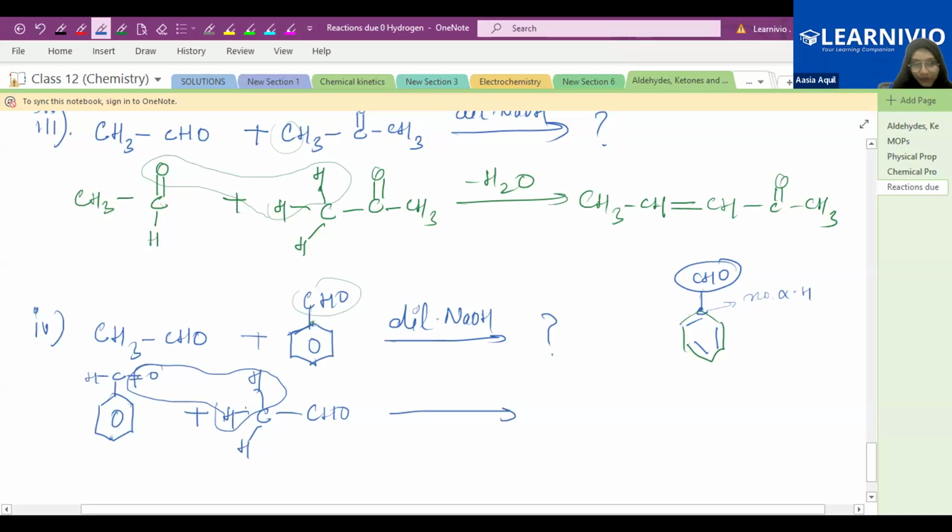When you remove this oxygen and these two hydrogens, dehydration will occur, and you will write CH, with the phenyl ring, and it has CH attached to this carbon, double bond, CH and this CH group. So you will get this product.